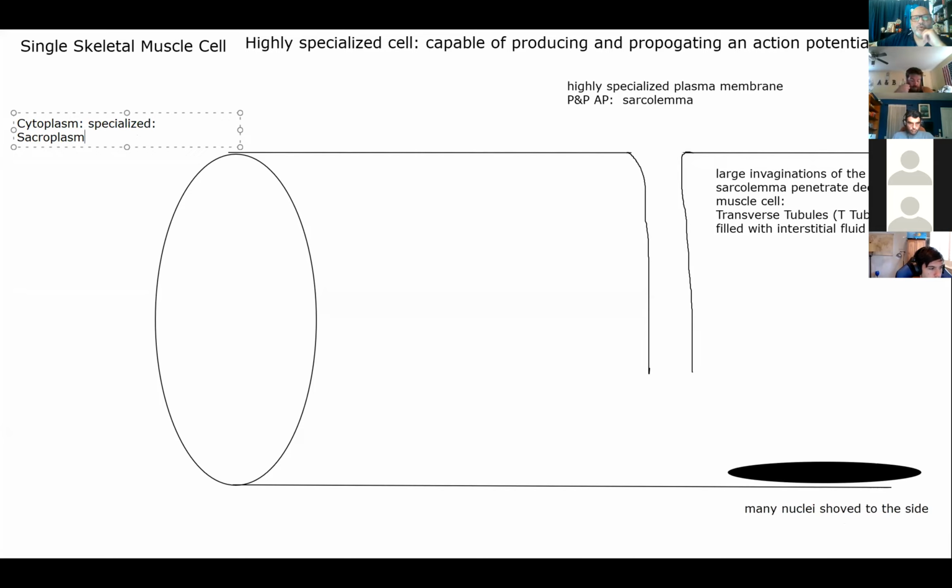Yes, it has all the normal things we expect, large amount of sodium, small amount of sodium, large amount of potassium, and so on. But remember, we also talked about how there are inclusions. Inclusions are special proteins or substances that can be found inside of cells that are unique to those cells.